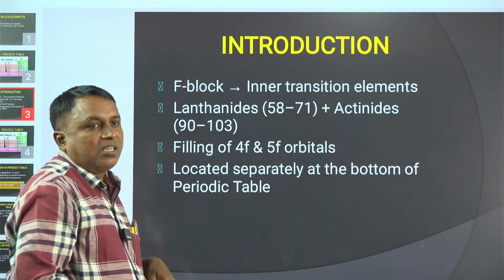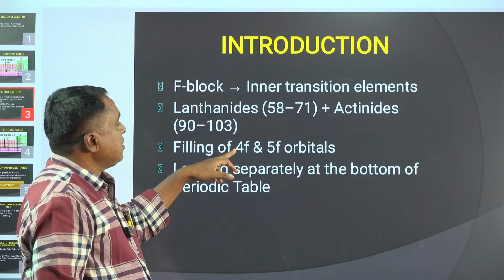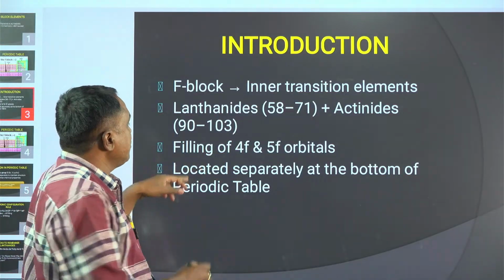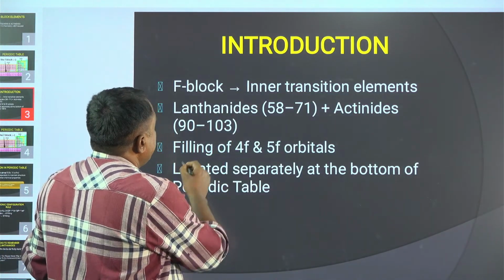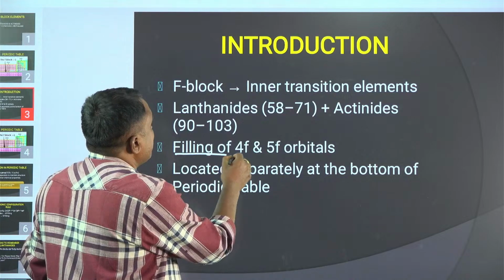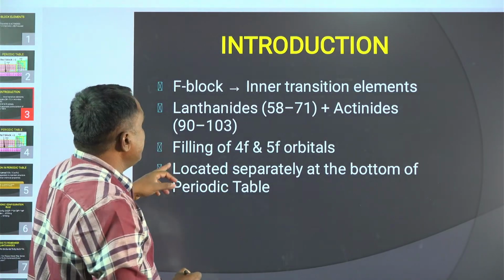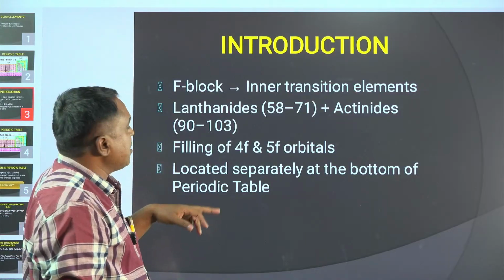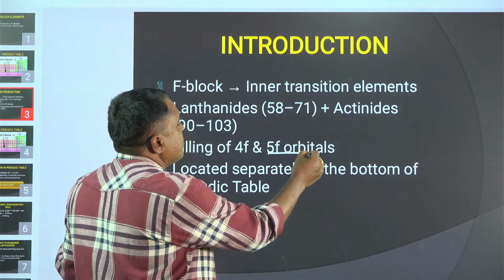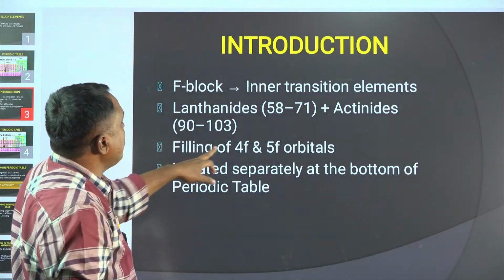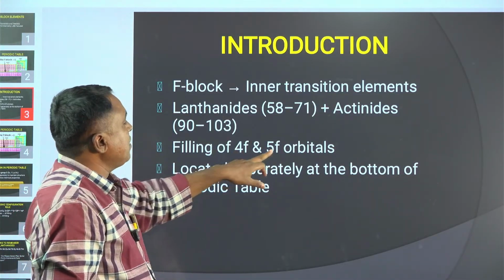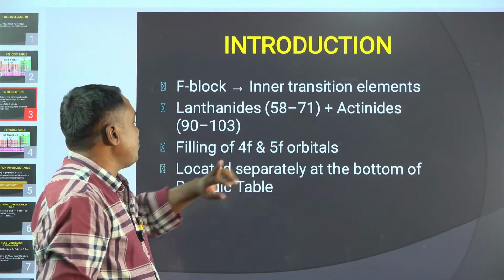In the first inner series of elements, the lanthanides, the last electron enters into the 4F orbitals, but in the case of actinides the last electron enters into the 5F orbitals. Therefore they are called 5F series of elements. Lanthanides are 4F, actinides are 5F series of elements.